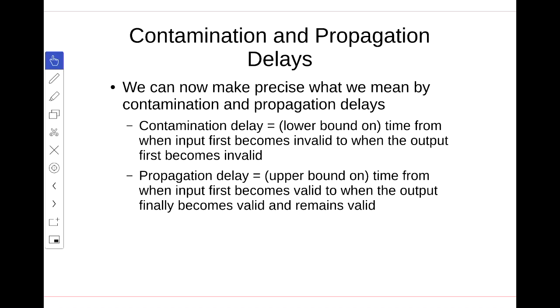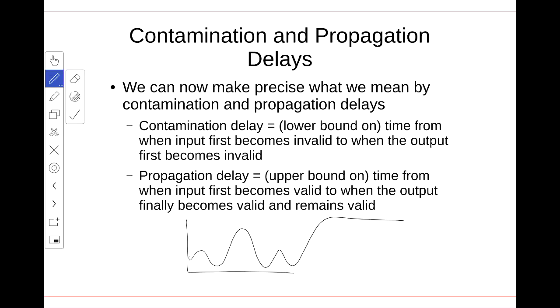Now this is important because I might have a waveform that does something silly like this. It starts off at a logic 0, transitions to what looks like a logic 1, goes back down to a logic 0, but eventually becomes a 1.